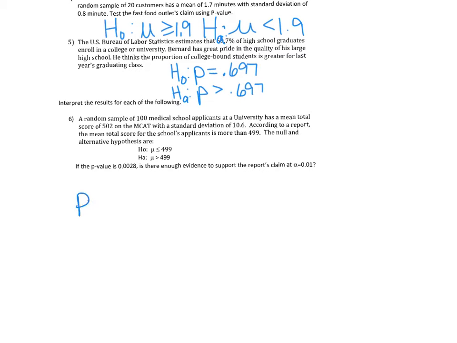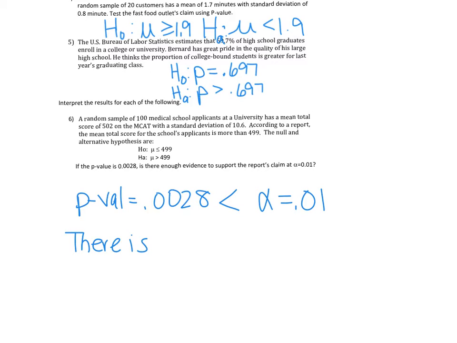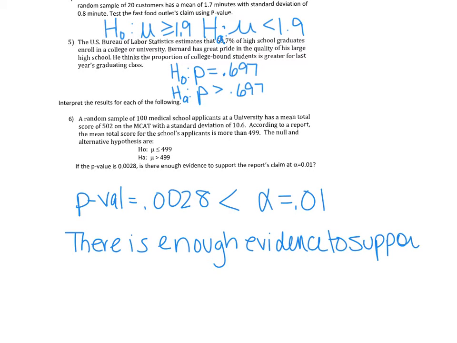So remember, we're comparing the p-value, which is 0.0028, to the alpha level, which is 0.01. So since that 0.0028 is less than alpha, that means there is enough evidence to support the report's claim. Just make sure you put the context in after that.